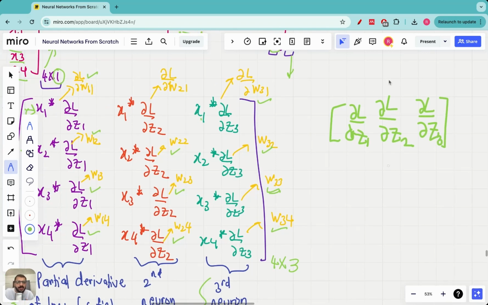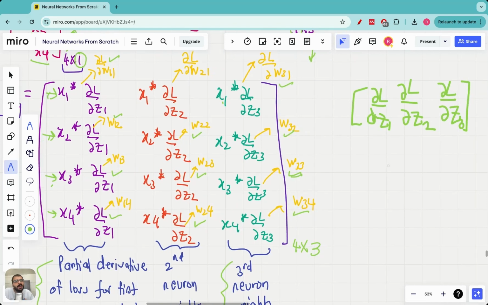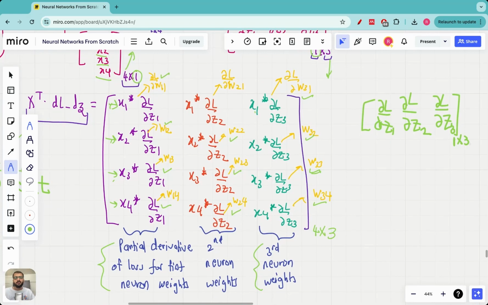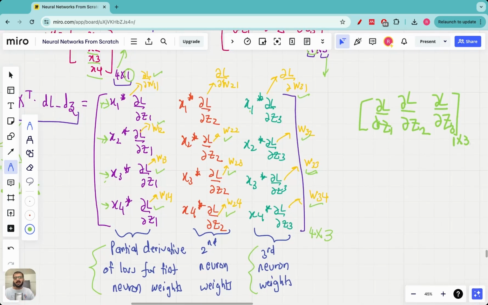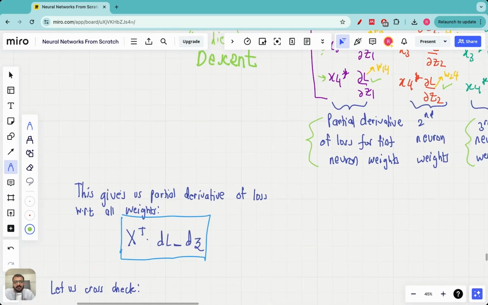So this is the partial derivative of the loss with respect to the biases. So now we have a matrix which gives me the partial derivative of the loss with respect to all the 12 weights, and I have a matrix which is a one row and 3 column matrix which gives me the partial derivative of loss with respect to the biases. So essentially I have all the quantities which I need to update the weights in the gradient descent. So now with just these two matrices, I have my parameter updates. That's the advantage of using matrices.